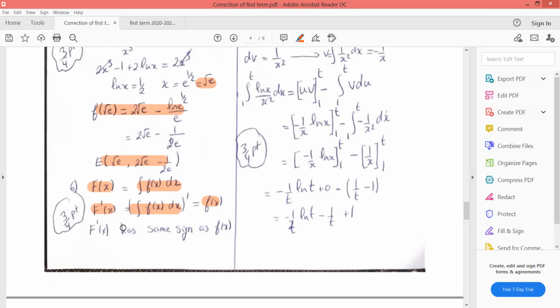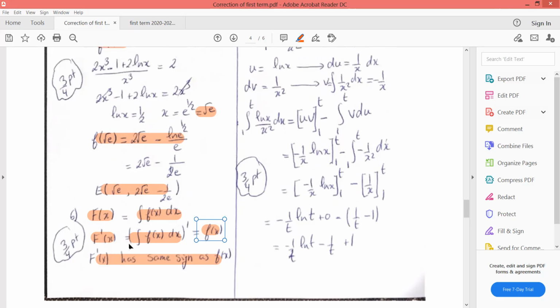We get f of x. So F prime x has the same sign as f of x. To study the variations of F, you have to find F prime. F prime is equal to the derivative of the integral, which is equal to f of x. So F prime x has the same sign as f of x.